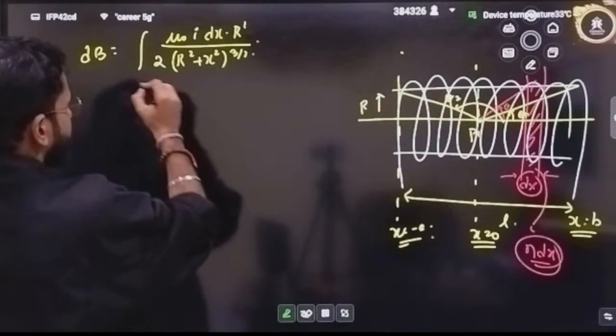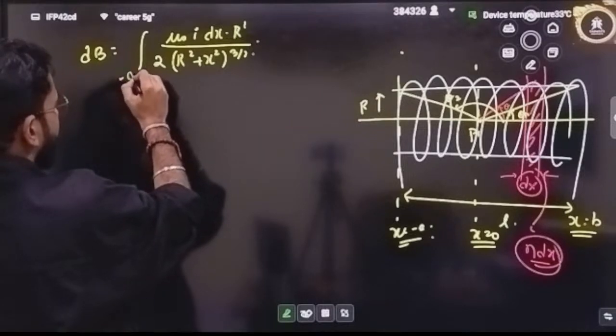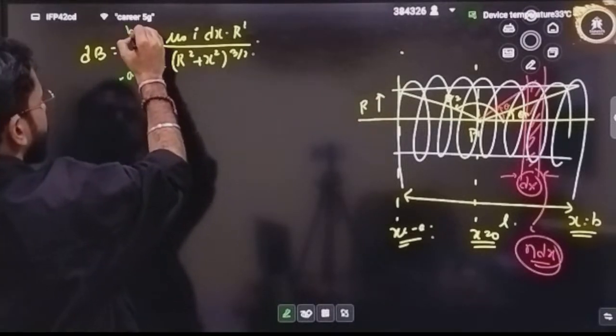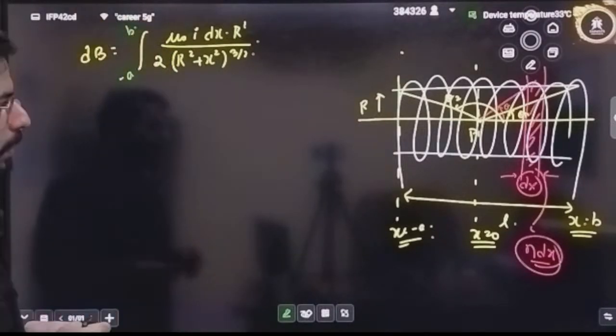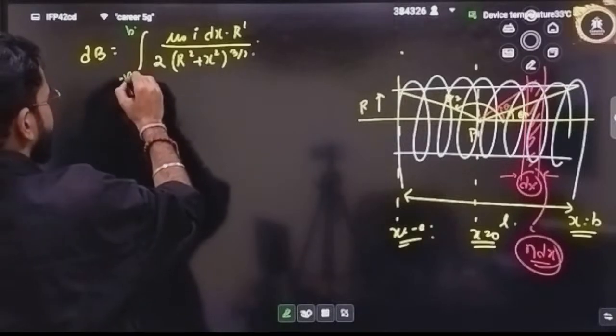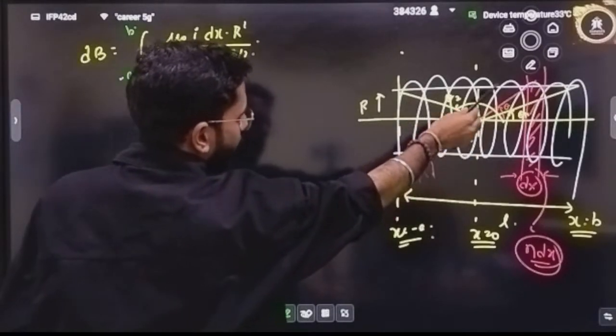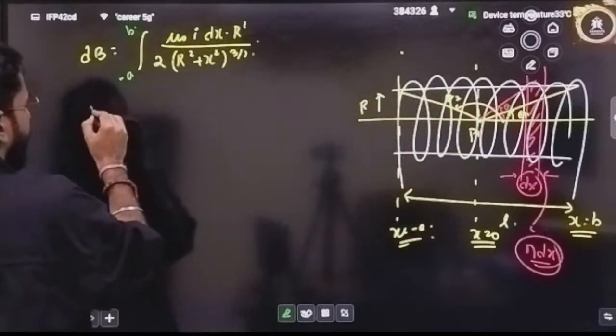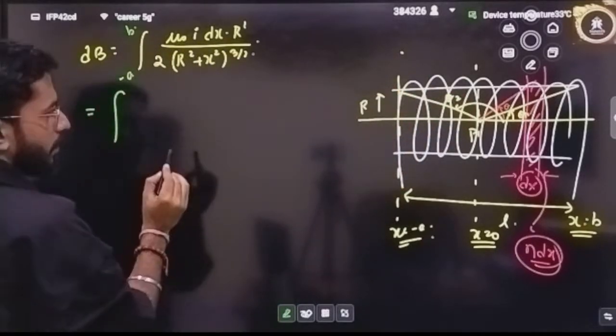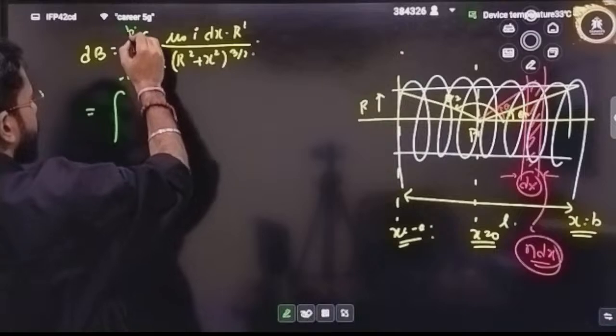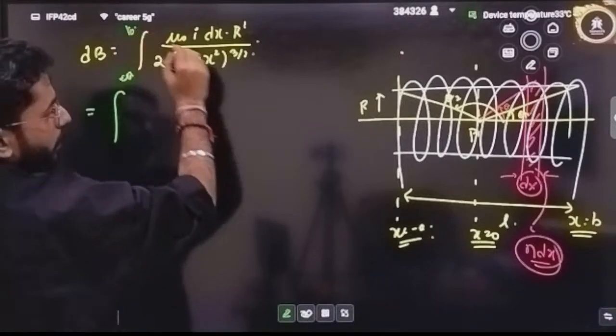So what are the limits of integration? Limits of integration is from minus a to b. Or you can say from b to minus a also, because we are in terms of angle, we are starting from theta 1 and coming till theta 2. So if I am converting this in terms of angles, I will be integrating the same thing here, right?